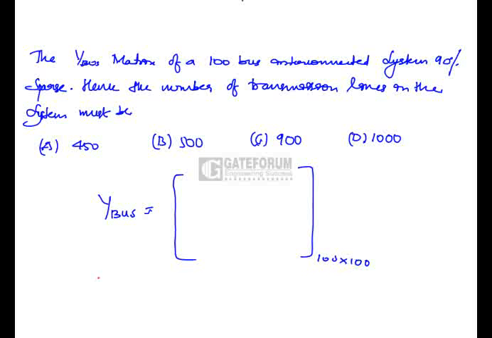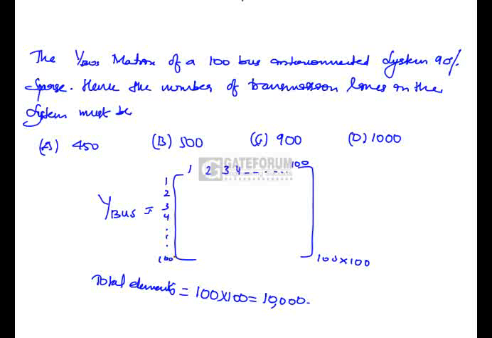So the total number of elements in this matrix is 100 into 100, which is equal to 10,000 elements. Here, the columns are 1, 2, 3, 4 and so on to 100. Similarly, the number of rows is 1, 2, 3, 4 and so on to 100.